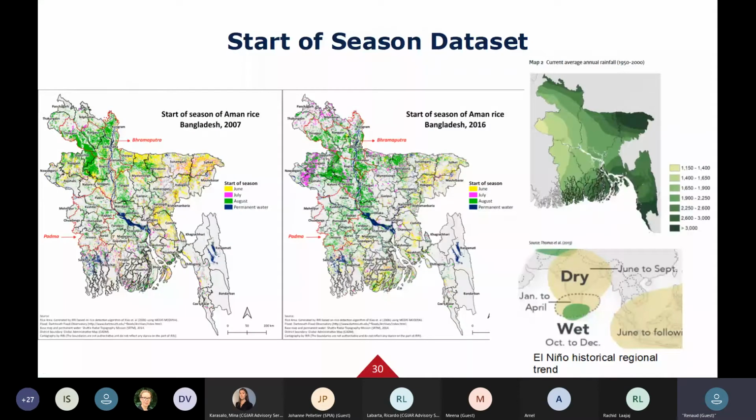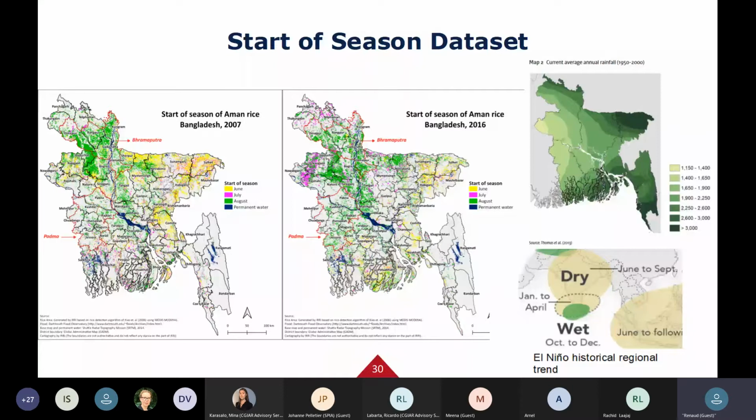This is also an example of, beyond the rice area, what we extracted: the start of season. It's quite interesting here. We can see that in green, the start of season was in August, and in yellow in June. And you can see on the left, on the 2007 image, that generally speaking, there is more green in the west and more yellow in the east.